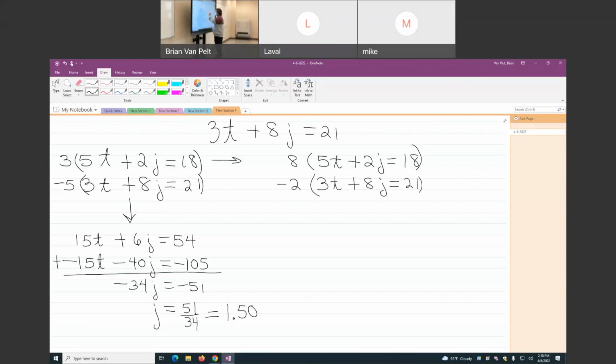All right, so the top is 40t plus 16j equals 144. Then I have negative 16t minus 16j equals negative 42. Add these together and I get 34t.